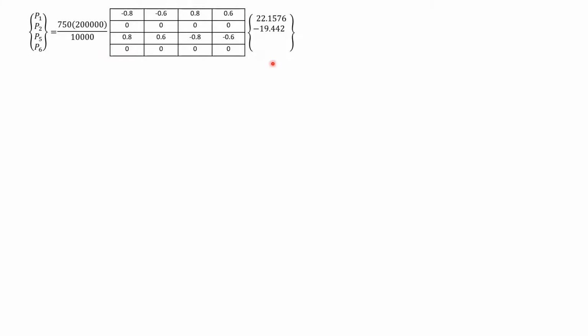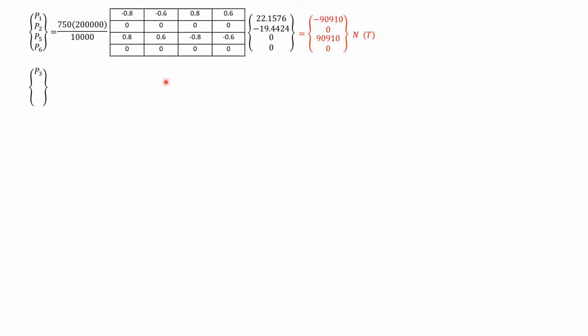So that's u1, u2, u5, u6. And negative 0.8 times 22.1576 plus negative 0.6 times negative 19.4424. The rest would be 0. Then times this value here, that would be the value of the upper part. Then the lower part you just copy. So because the second value is positive, member 2 is in tension.